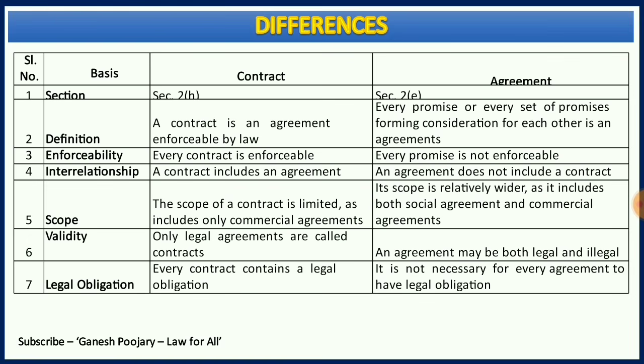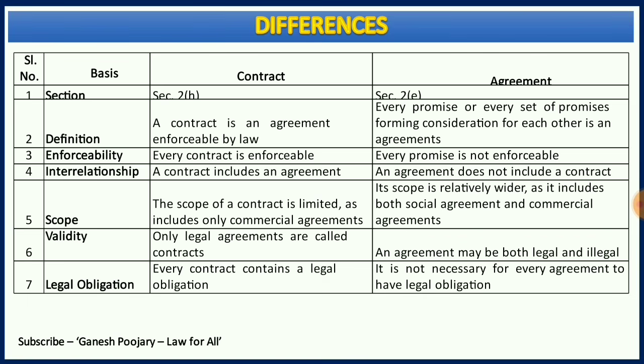Agreement is discussed under section 2(e) by saying every promise or every set of promises forming consideration for each other is an agreement. As far as enforceability is concerned, every contract is legally enforceable, whereas every promise or agreement is not legally enforceable. The interrelationship between contract and agreement: a contract includes an agreement, whereas an agreement does not include a contract.